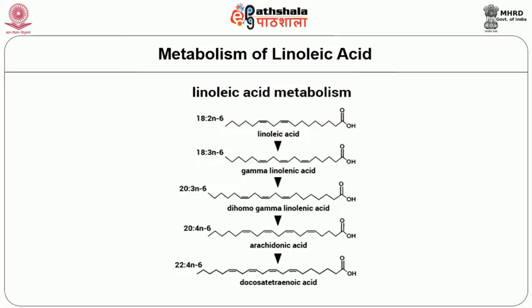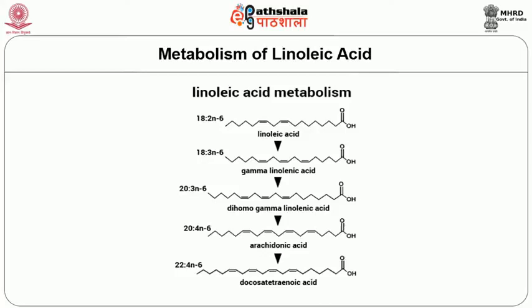If you look at the first structure, that is 18:2, meaning 2 double bonds are there in linoleic acid, which you could remember from my first slide. This linoleic acid is converted to gamma linolenic acid. Linoleic acid has 2 double bonds, whereas gamma linolenic acid has 3 double bonds.